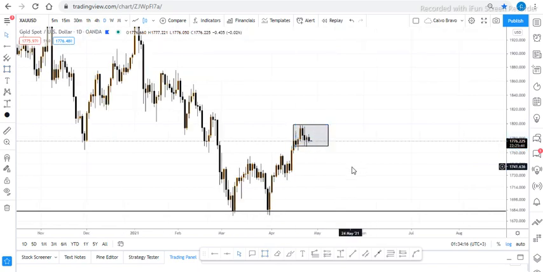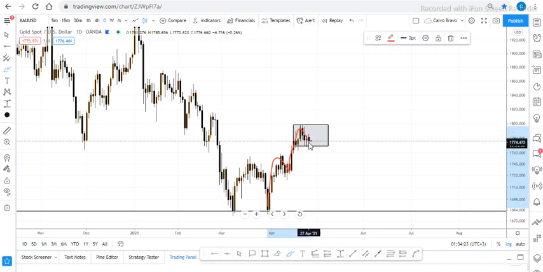It is a form of consolidation, as you can see, because if we start this, we see we have impulse, corrective, impulse, corrective, but we cannot term this the end of this corrective wave, because we are not sure if price will continue to rise from here or will drop below this point. So we're not sure what will happen. So what we're going to do is observe what will happen at this box, because right now I don't see any good opportunity to take any trade, either to buy or to sell, because it's not clear.